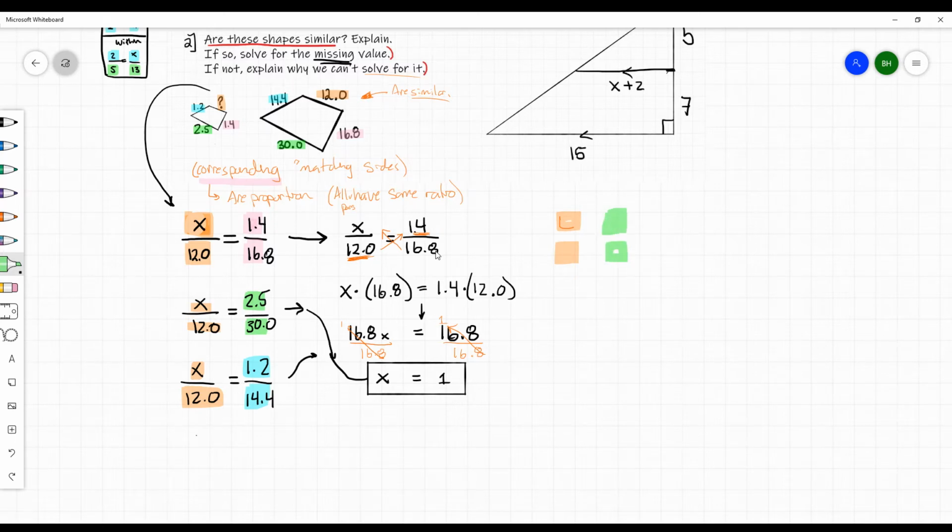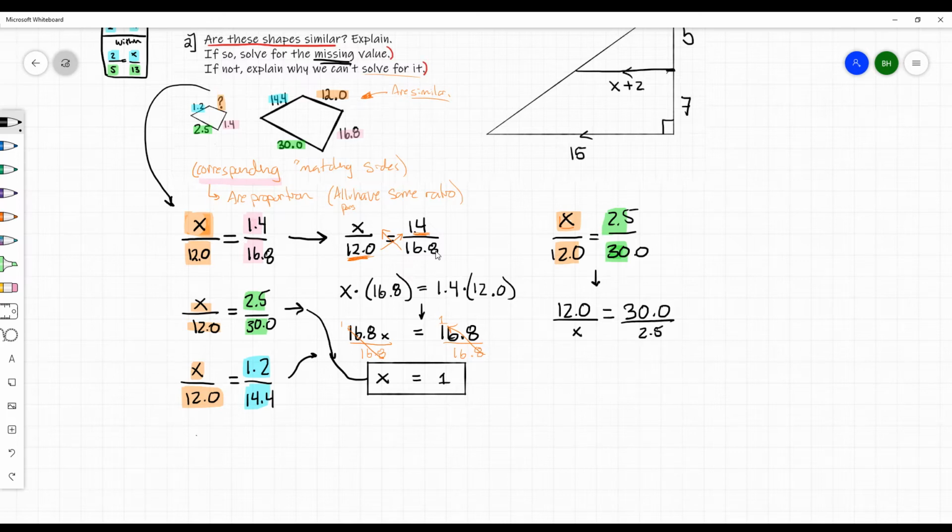I go ahead and make another equation, but this time using the green ratio, 2.5 and 30. What some students did here is they took the initiative and just flipped it. They took the reciprocal of it. They flipped this relationship to make it a little bit easier to solve.